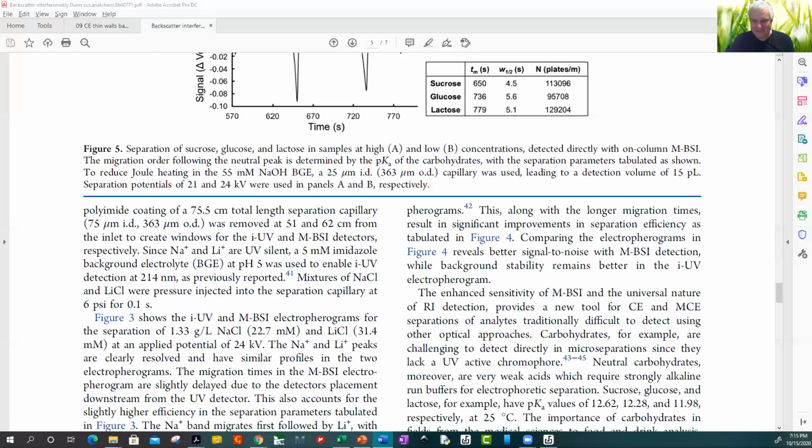The BS detector is due to temperature and refractive and electric field. So it's due to changes in refractive index, which are in turn due to temperature and electric field.